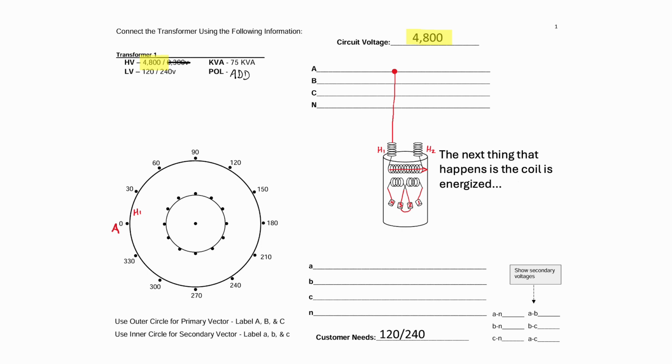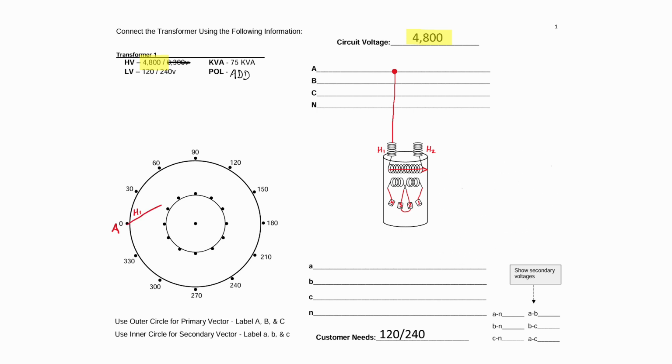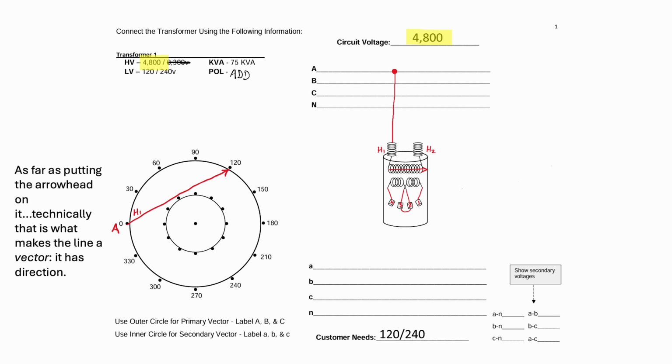And the next thing that happens is the coil is energized. Typically this part isn't illustrated, but some guys want you to, and I'll only be doing it for this one to reinforce what a vector diagram represents. So this line on the vector actually represents that coil on the transformer.